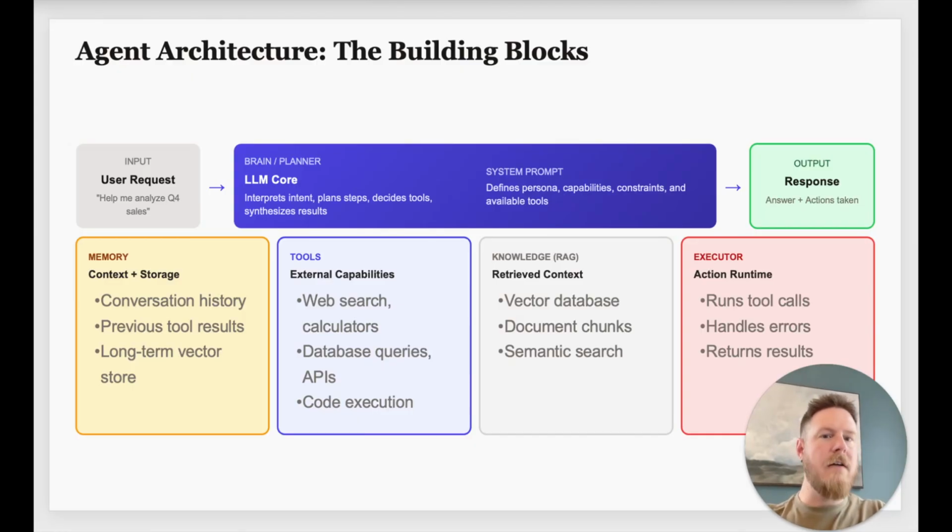We're going to have knowledge, or a knowledge base, which benefits from RAG, which we were discussing. You're going to have tools and external capabilities, and then you're also going to have memory for context, as well as to store files and outputs along the way. Working from left to right, we have memory. You can think of what's going into memory: conversation history, if this is a multi-turn conversation with a user or another system. You're also going to have previous tool results.